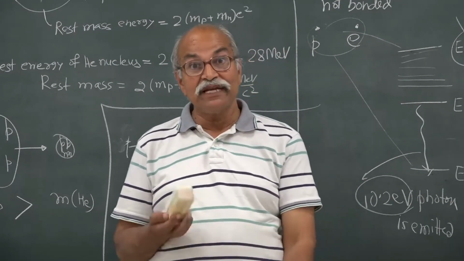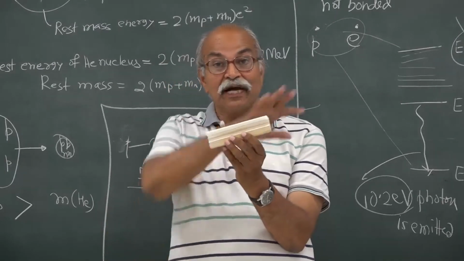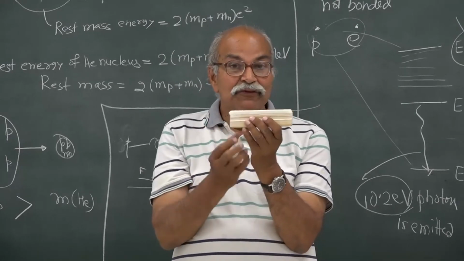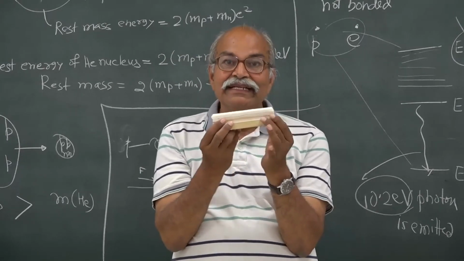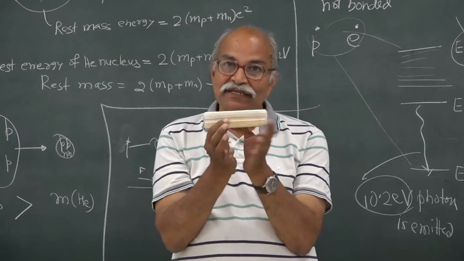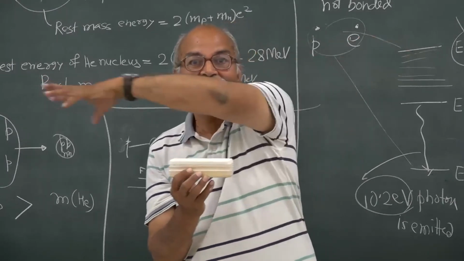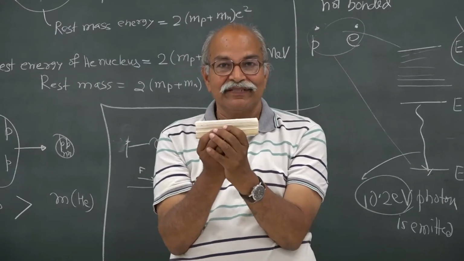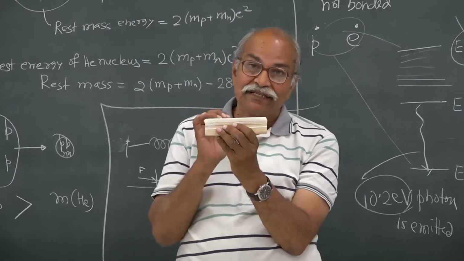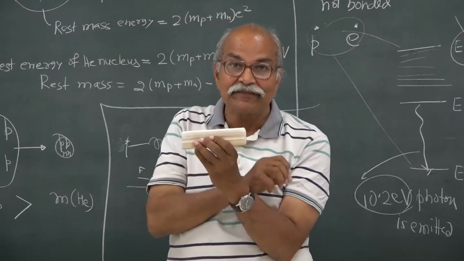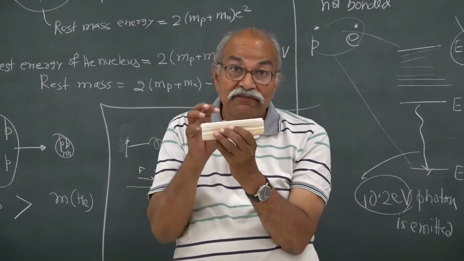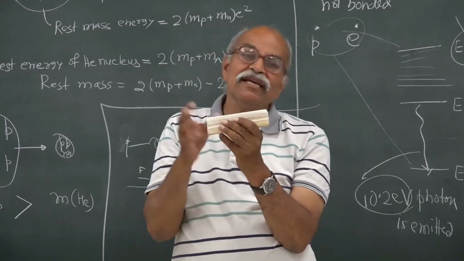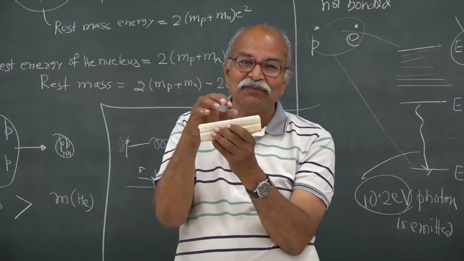Similarly, if you have an object at some temperature, with molecules inside, and you heat it and increase its temperature, this object still does not have overall kinetic energy, it is at rest, but we have given heat energy to it. Because of that, those subparticles, those molecules inside this object, have started moving with more speed.